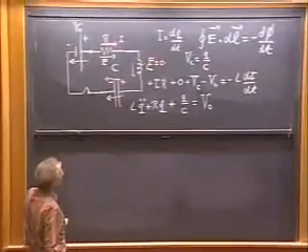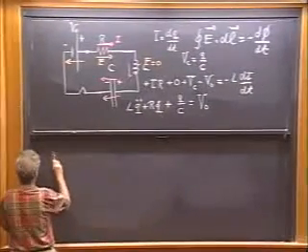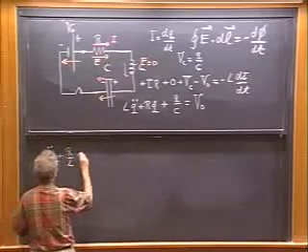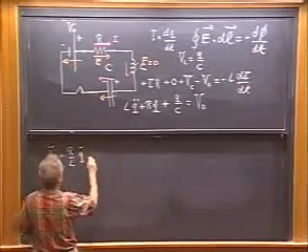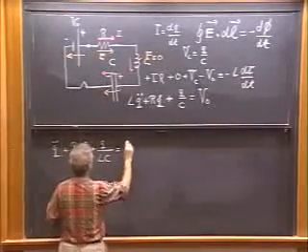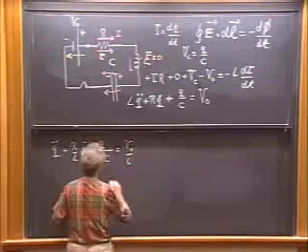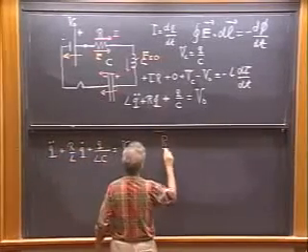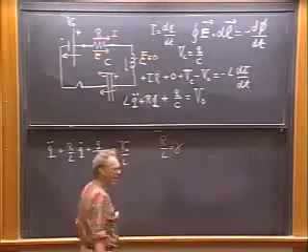I'm going to divide by L, and so I get Q double dot plus R over L times Q dot plus Q over LC equals V0 divided by L. I'm going to replace R over L by gamma.